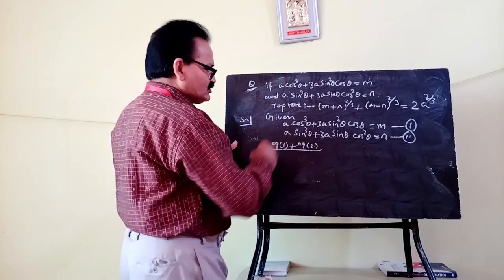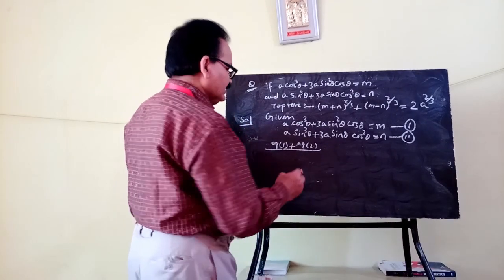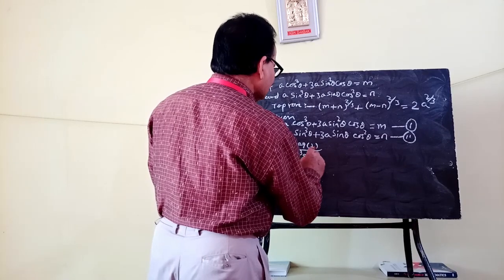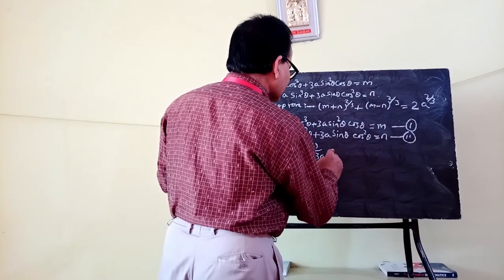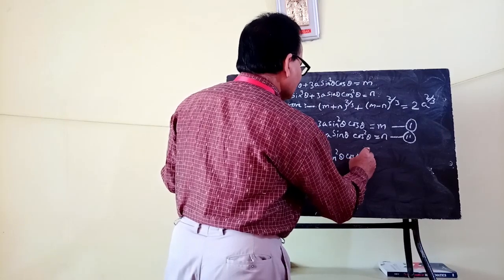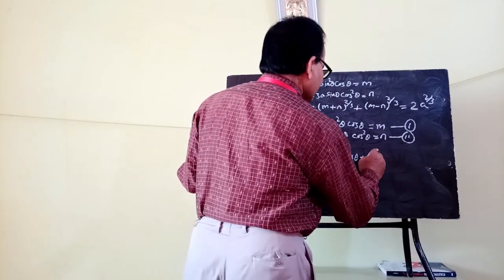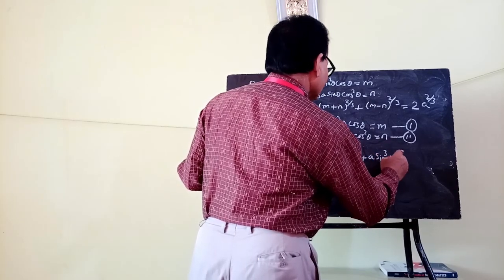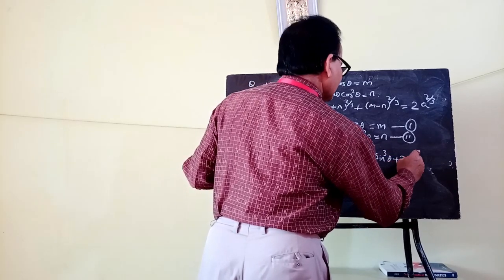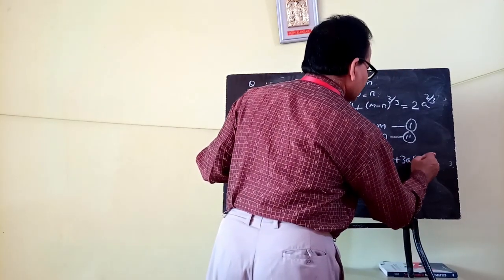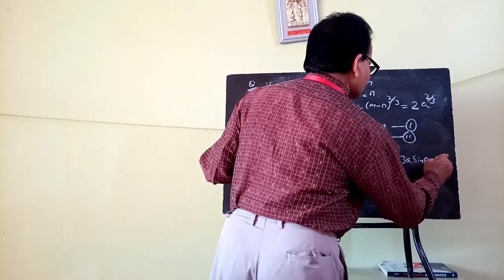When you are adding these two equations, on the left you will see a cos cube theta plus 3a sin square theta into cos theta plus a sin cube theta plus 3a sin theta into cos square theta.